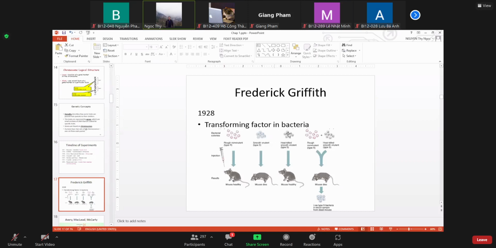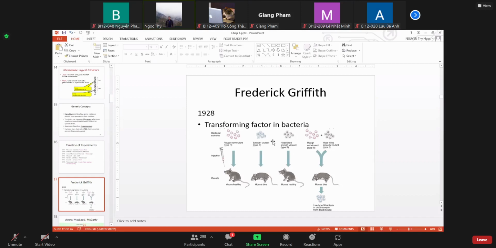He used another type of bacteria called type S, because the shape of the colony is quite smooth, like this. And when he injected this type of bacteria into the mouse, it was killed instantly. So that means that type S was quite toxic to the mouse.